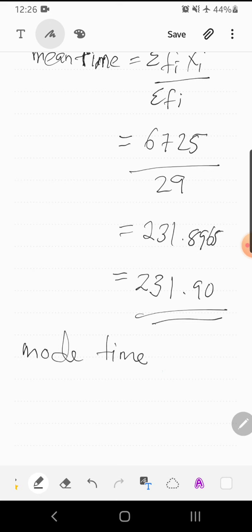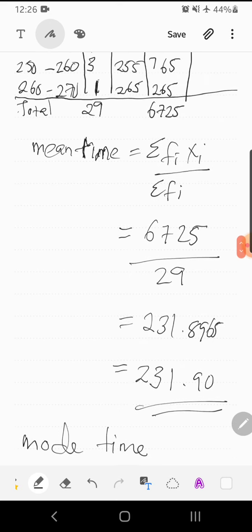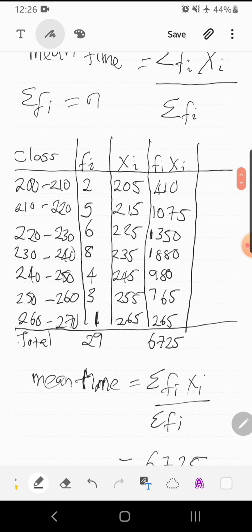That is your starting point. So in this case for grouped data, we first look for the class with the highest frequency, and that becomes our modal class.